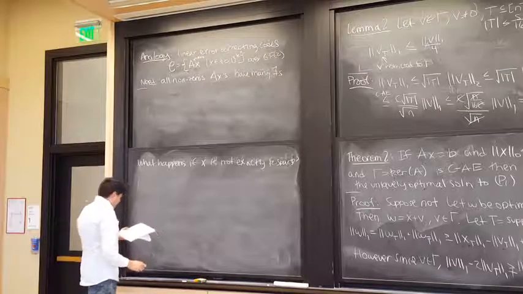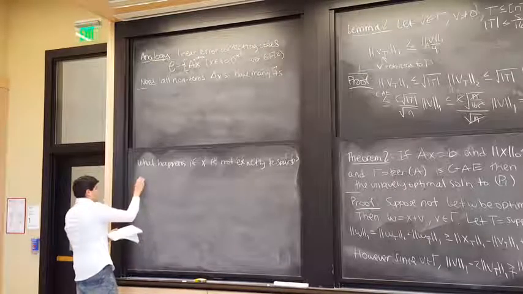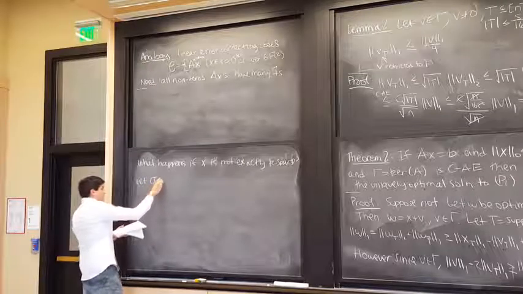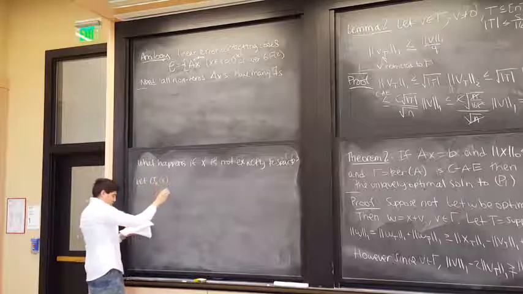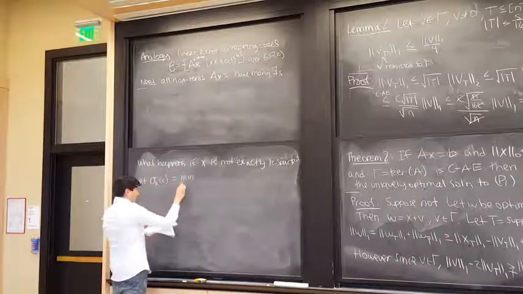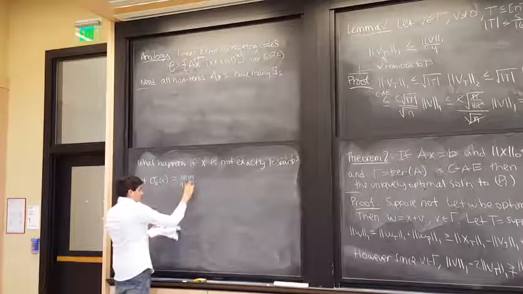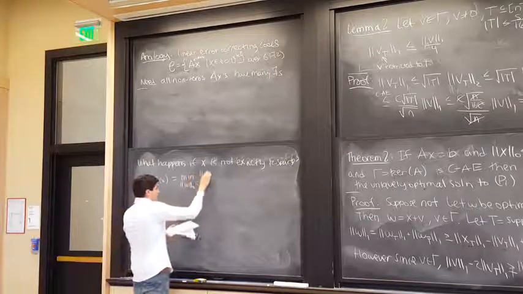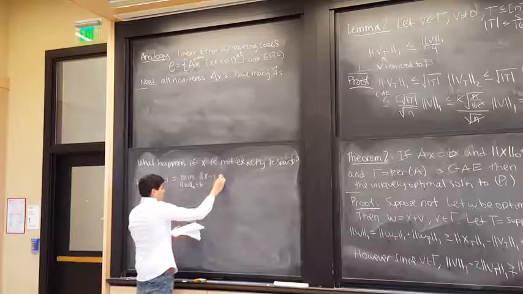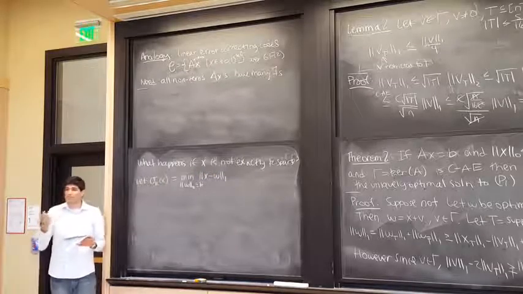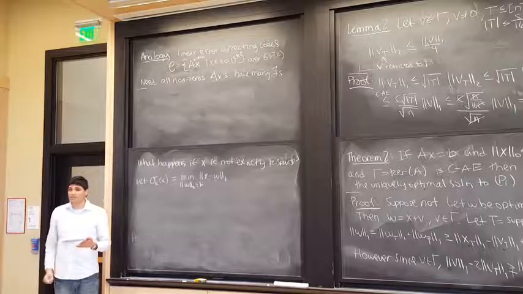What I'm going to do instead is introduce a piece of notation. Let me call it sigma k of X, which will be the min over all W which are k-sparse of the L1 norm between X and W. This is some measure of how close you are to being k-sparse.